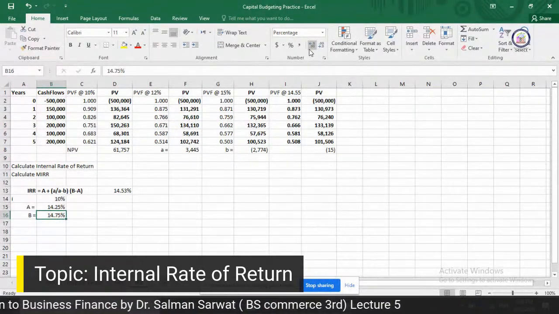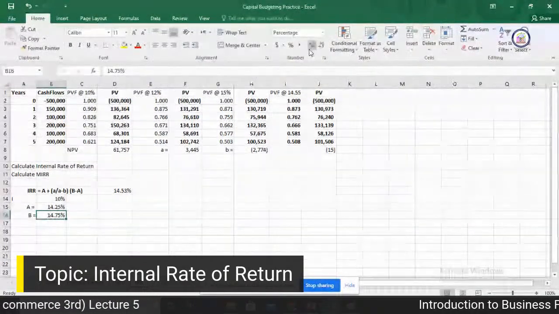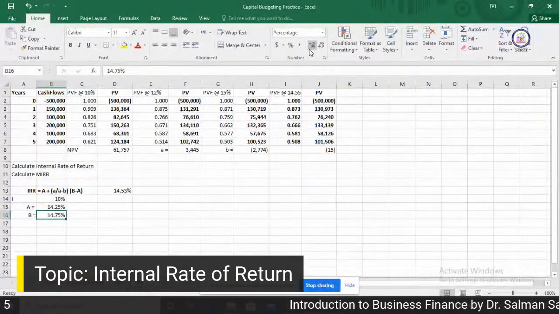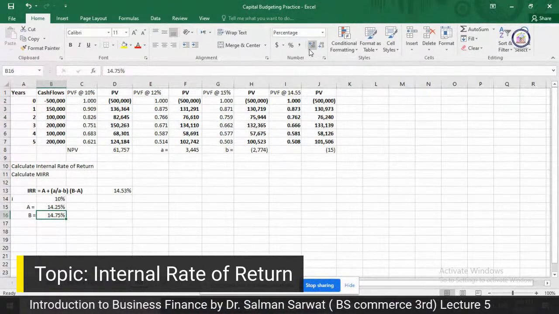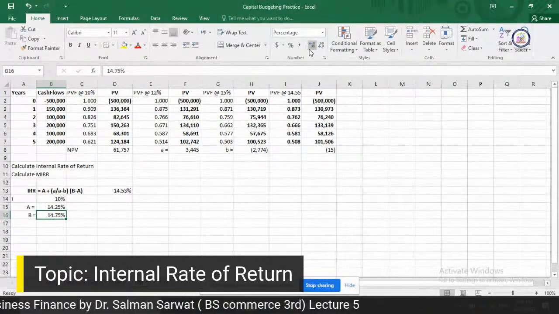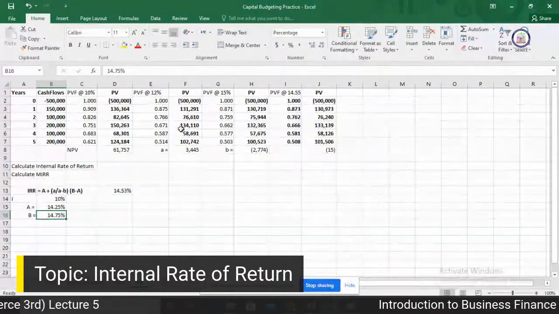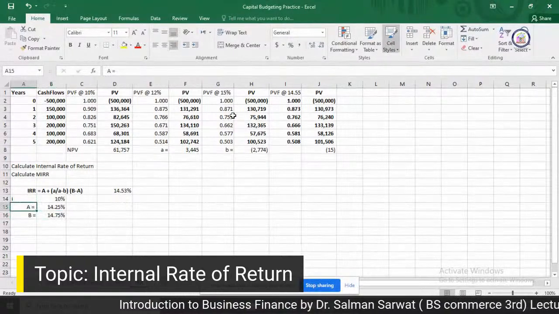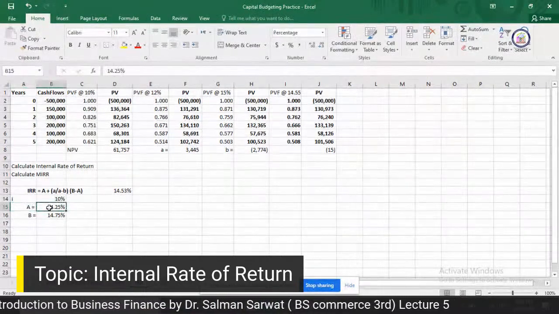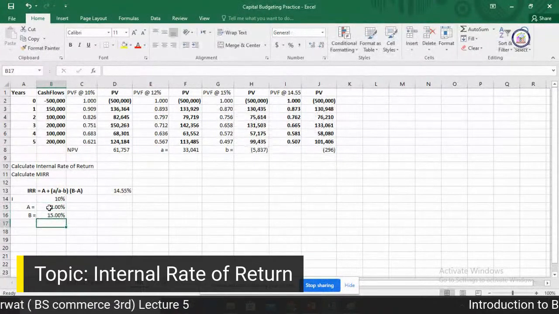The rate at which we get a negative NPV will be considered as capital B, and the amount of negative NPV will be considered as small b. Here you can see that our A is from the old values; I think we should keep the 12% and the 15%, let's keep those for now.